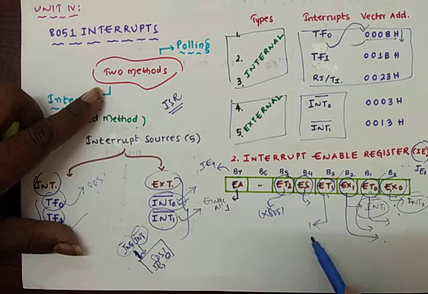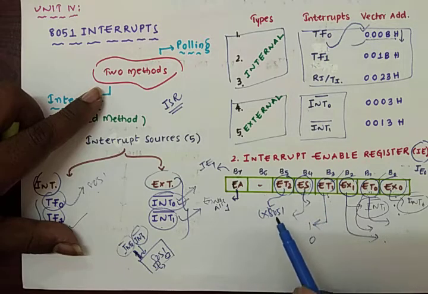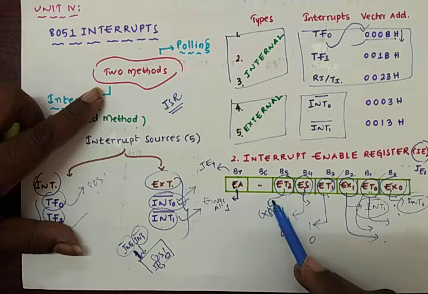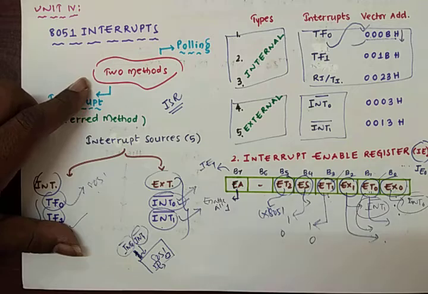Enable means 1, disable means 0. And the last one is the serial port. It can be enabled by software. Enable means 1 and disable means 0. And anyway, this is not being used by the 8051 microcontroller. This is about the interrupt enable register.